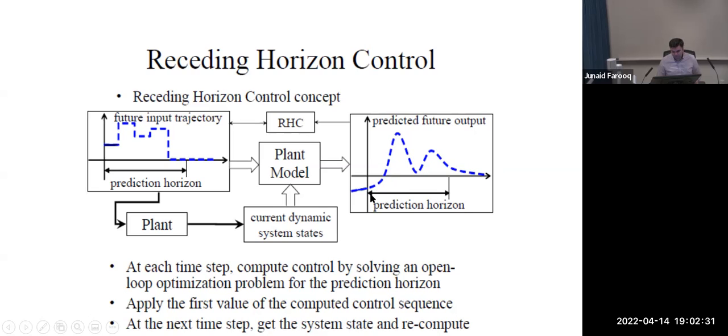Based on this, you compute the next input under the constraint that you want to minimize your cost function. We'll see this in a more mathematical way in the upcoming slides.